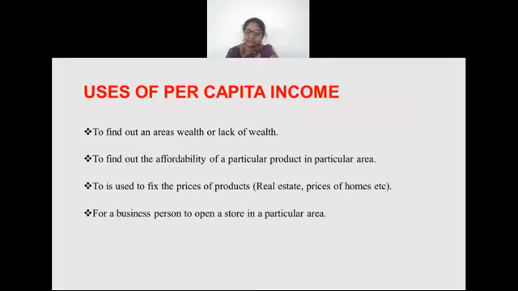Why? What is the reason? There, the people cannot afford to purchase such products. They don't have money. They cannot purchase a car worth 5 or 6 lakh rupees, because they cannot afford it.